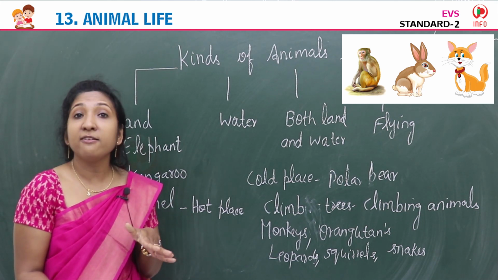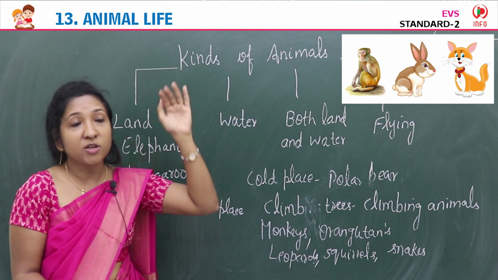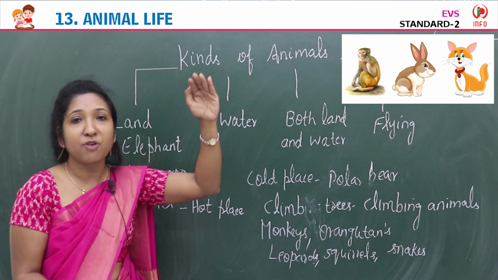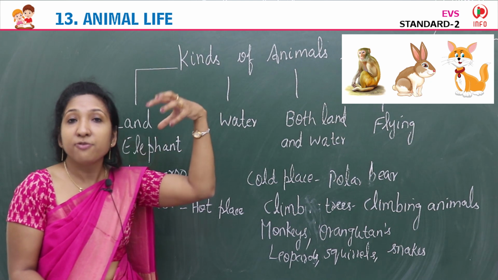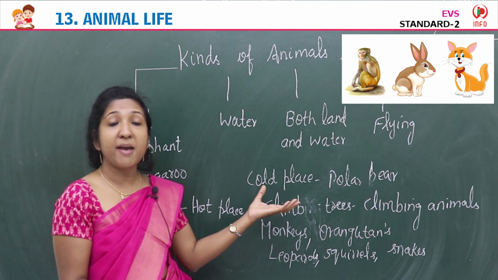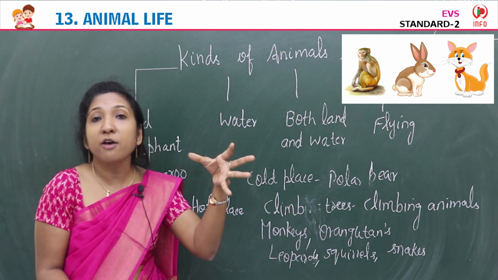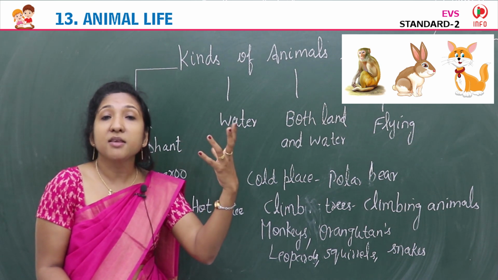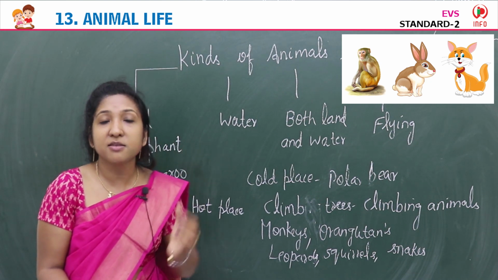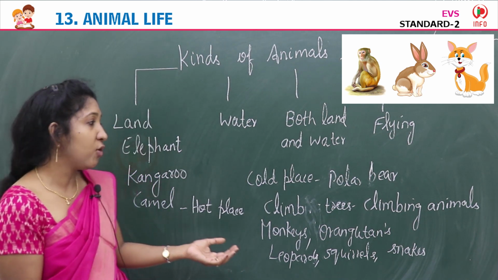But the camel can live, because it is storing food and water in its hump, on its body. This hump is raised from its body. On that it stores food, so it can live. Then in cold places, some animals like the polar bear live, and on the body of the polar bear you can see thick fur, meaning soft, thick hairs, which protect it from the cold, so it can live in that cold place.